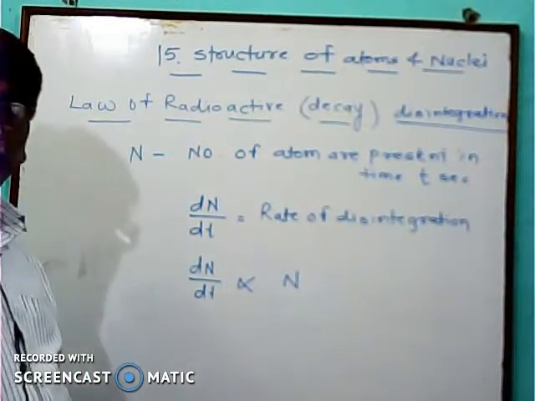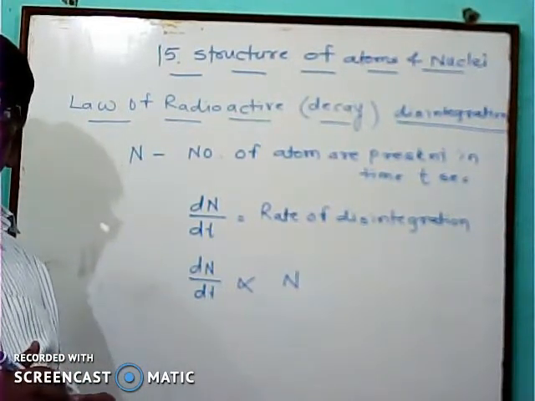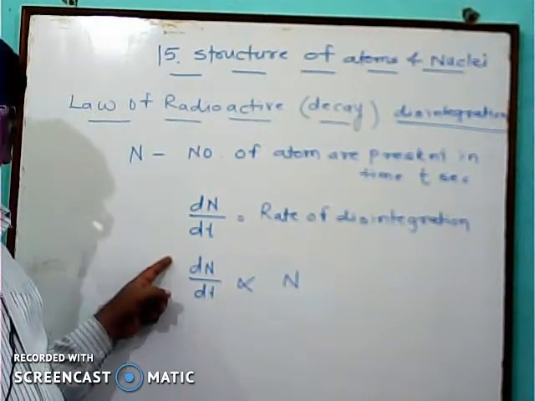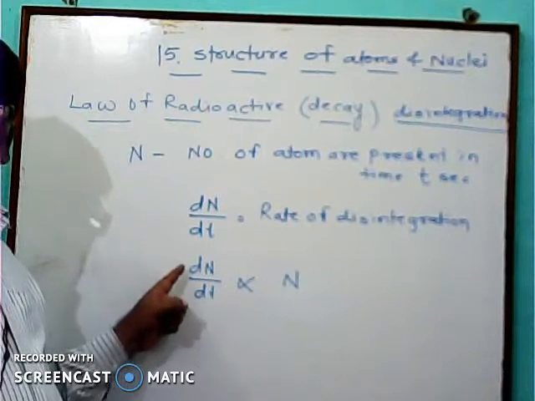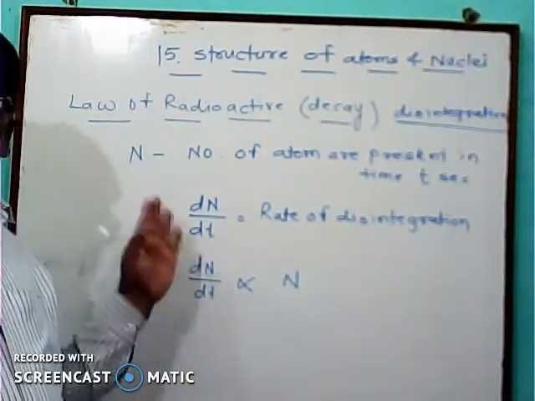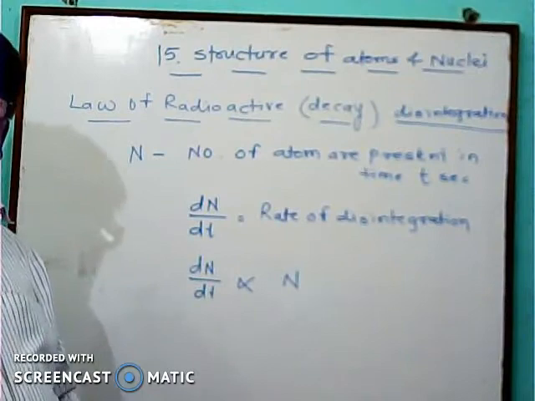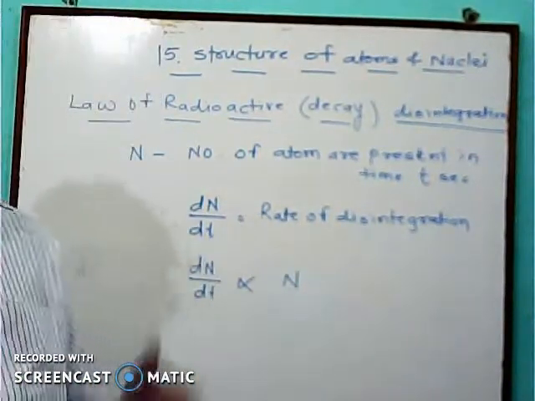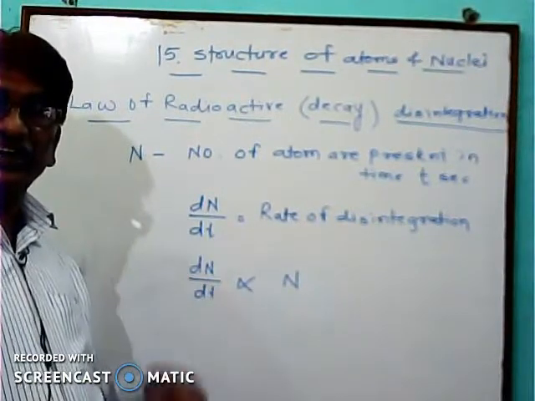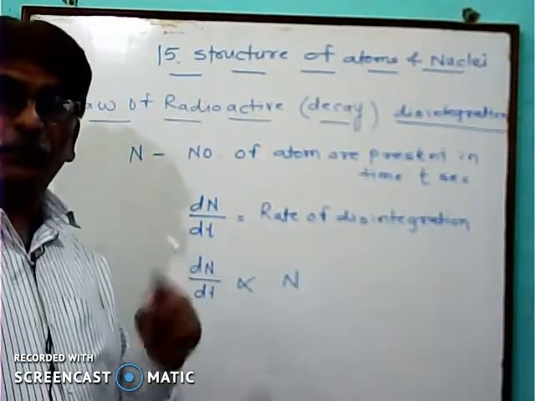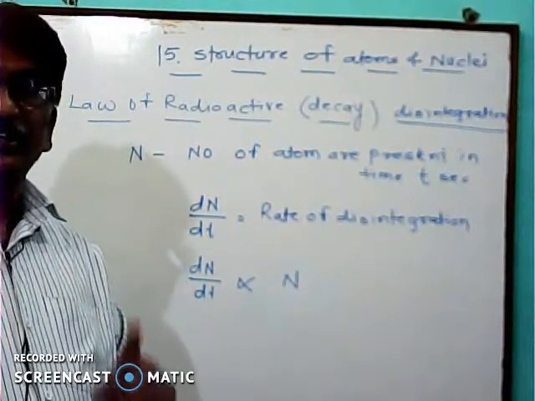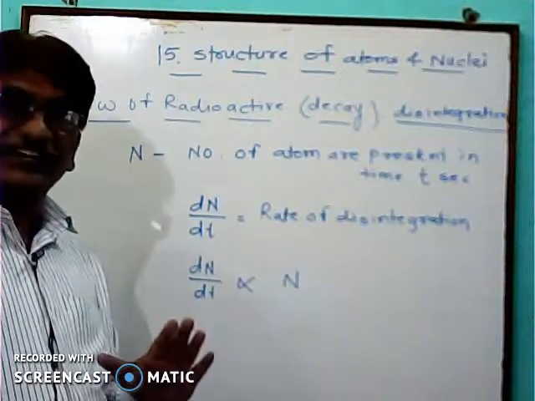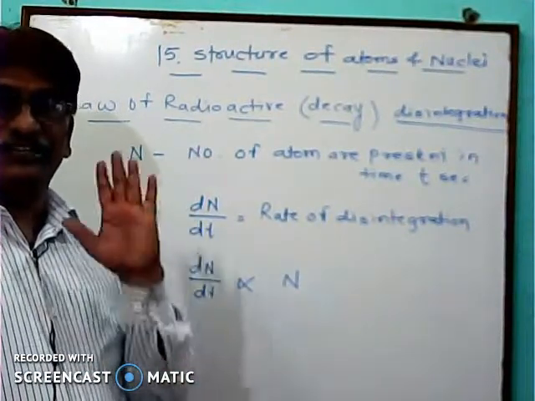Then your answer will be that the rate of disintegration, or the rate of number of atoms disintegrated per second, is directly proportional to the number of atoms present at time t seconds.